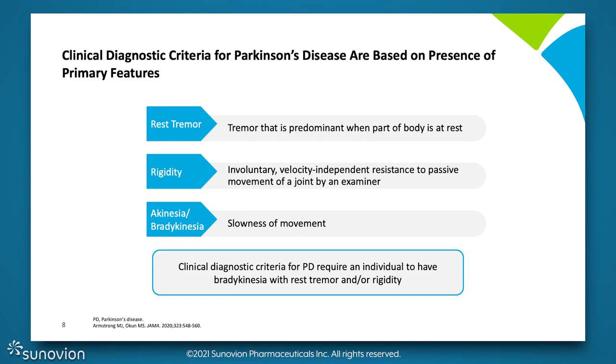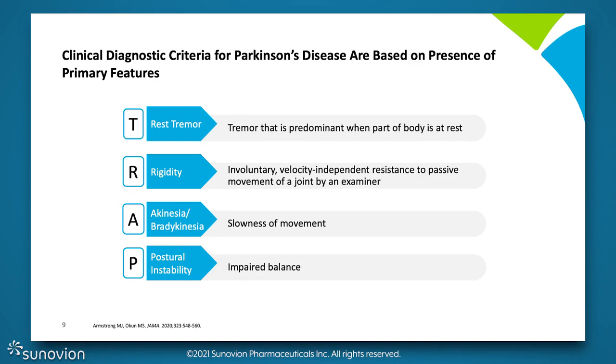So in order to have a diagnosis, we need two of these three, as long as one is either bradykinesia or rest tremor. So a patient with bradykinesia and rigidity would qualify. A patient with rest tremor and bradykinesia would qualify. So two of these three cardinal features.